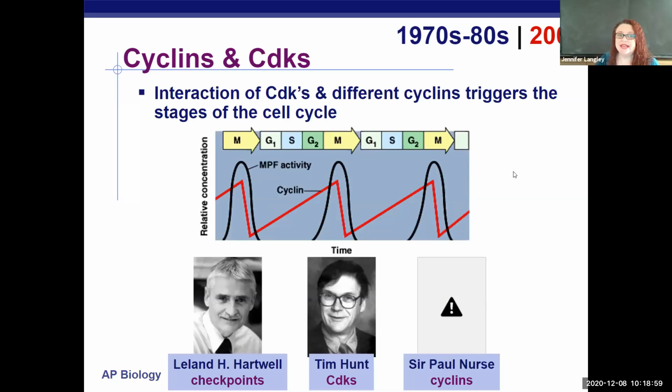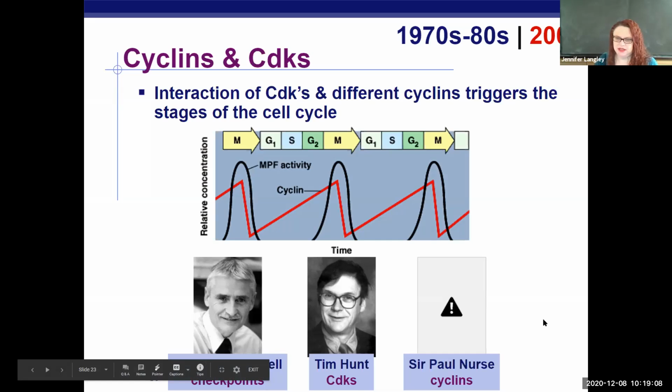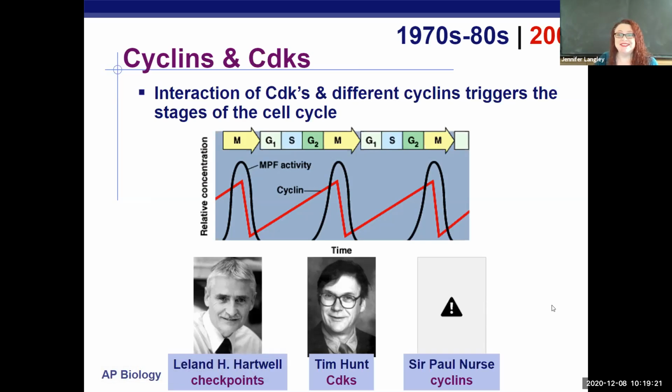Now I said that the cyclins will cycle during the cell's lifetime. And we had scientists, oh, sorry, my image disappeared. So these scientists all worked on this at different points in time. And you see that one scientist was able to discover and understand that there are checkpoints.